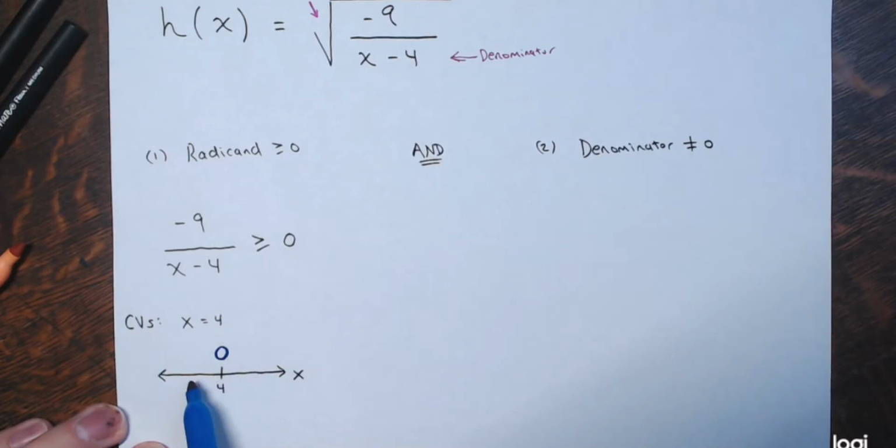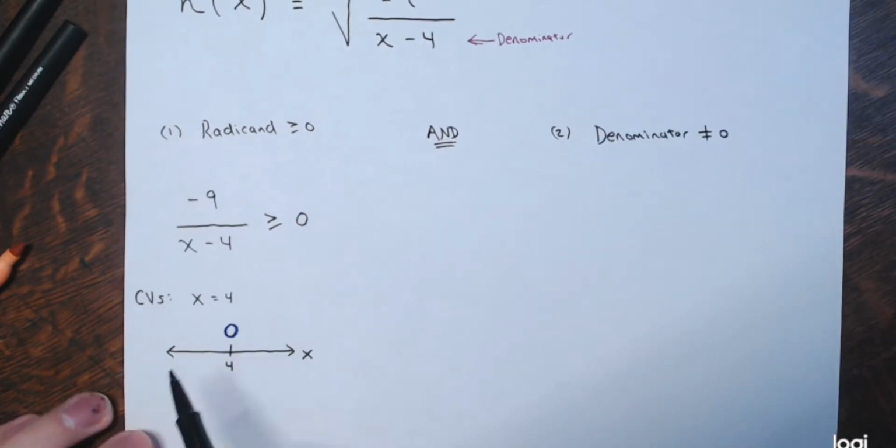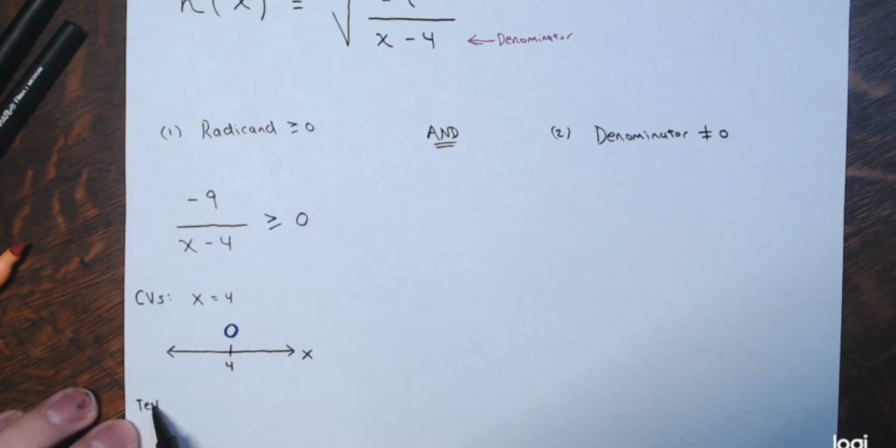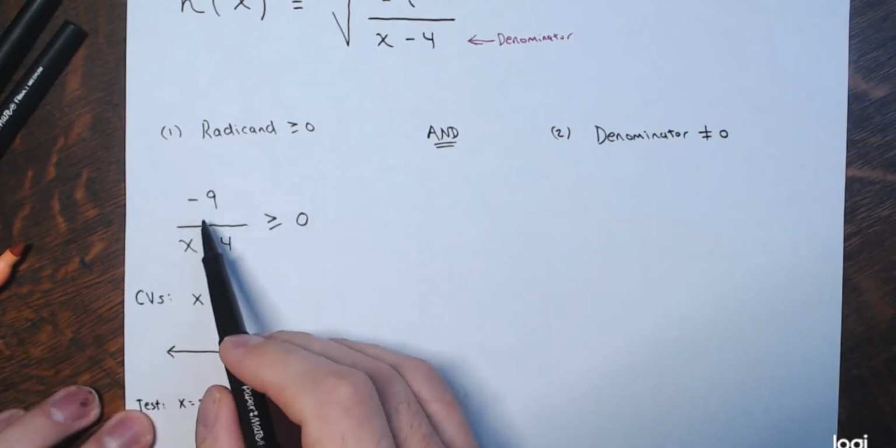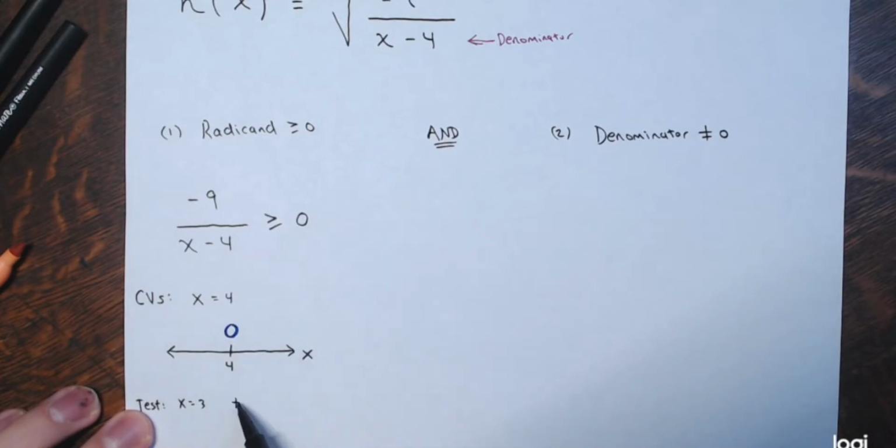Then I have all these numbers to the left of 4 and all these numbers to the right of 4, and I plug one in. We test some values. Let's test when x equals 3. The left side would be positive, and is a positive number greater than or equal to 0? Yes, it is.